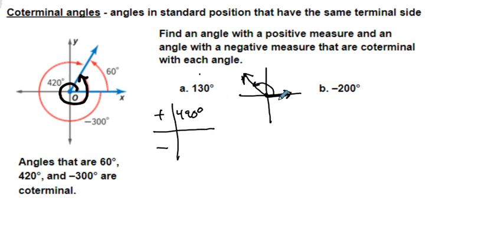Well, your other one is going to be, what's this? To get your coterminal angle, it would be just 360 minus 130, and you get 230, and then you make it negative because it's going this direction. So negative 230 degrees.